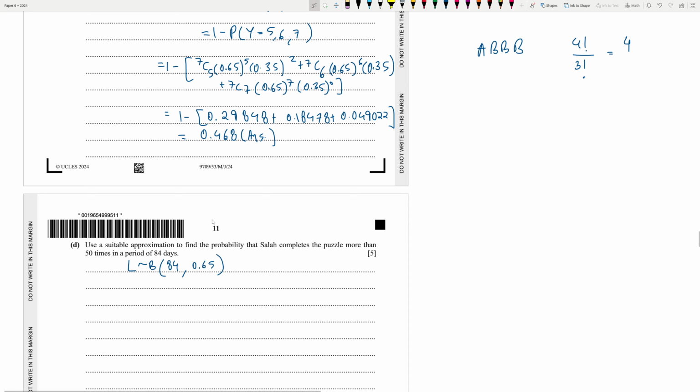Okay, so we are going to convert it to a normal distribution first. Let's call it K. How? We are going to find the mean, which is NP, 84 times 0.65, 54.6, and the variance, which is NPQ, which is NP times failure.